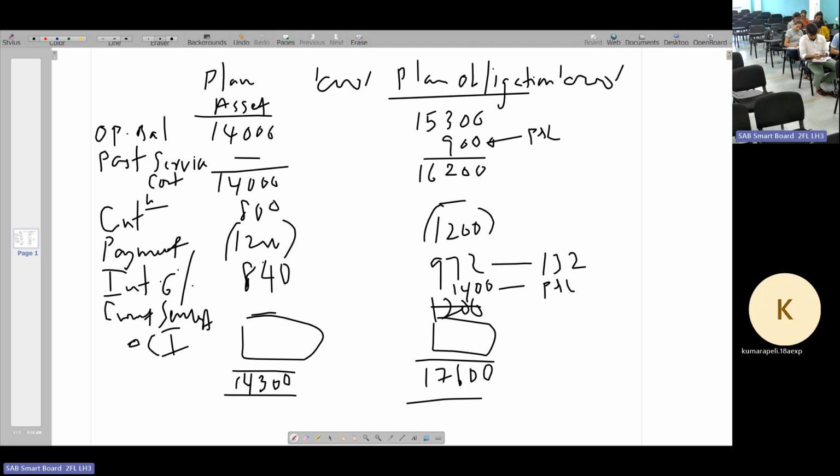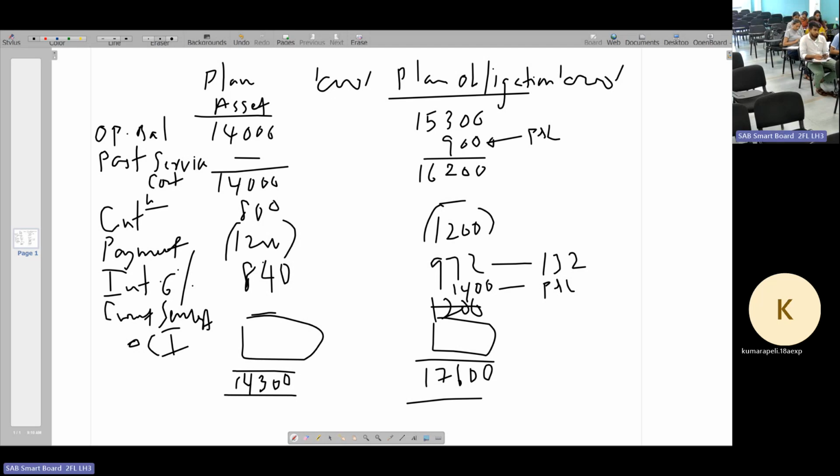That is called actuarial gain or loss. What's the difference? 140.